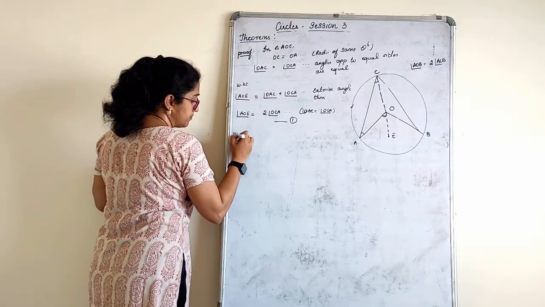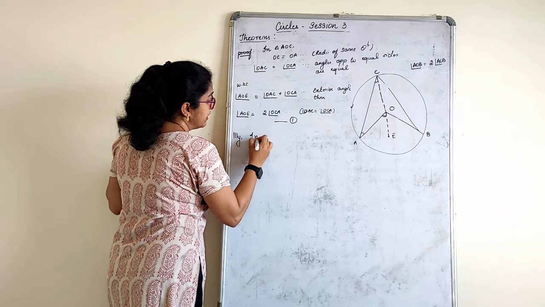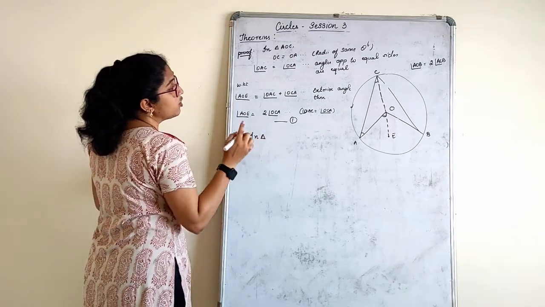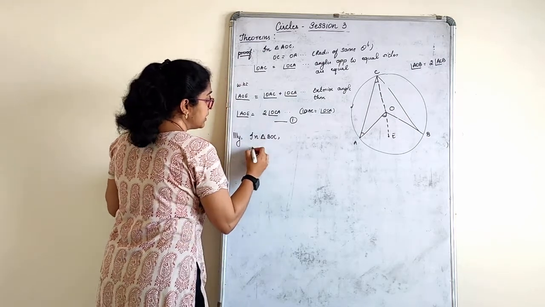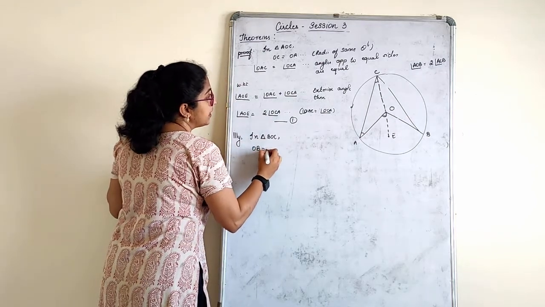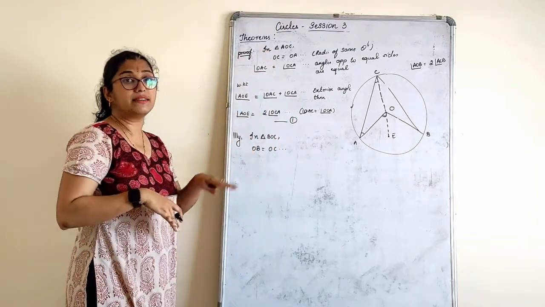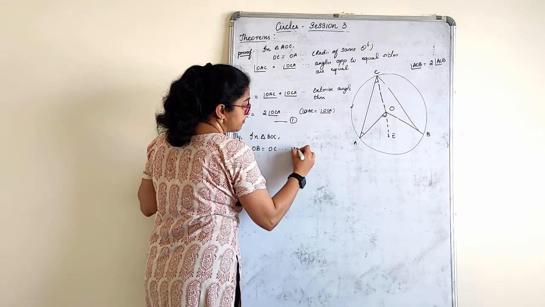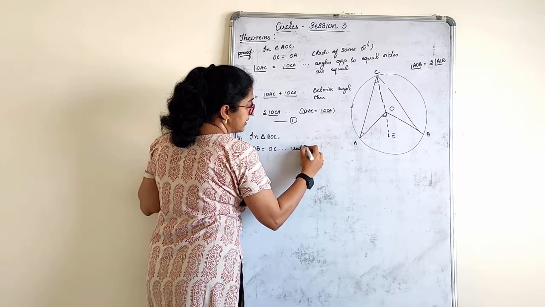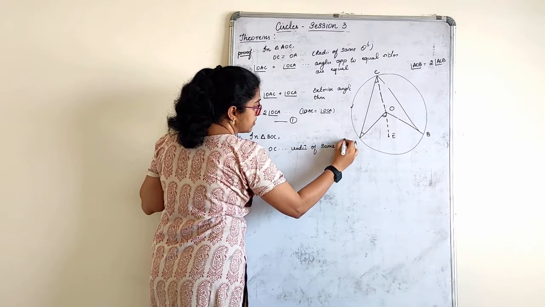Similarly, the second triangle, triangle BOC. In triangle BOC, can I tell OB is equal to OC? Same thing what we have done, I am going to repeat for the next triangle here. Reason, radii of same circle.